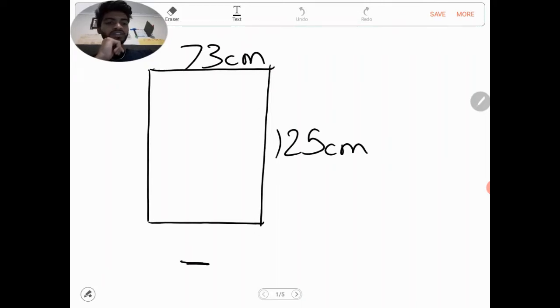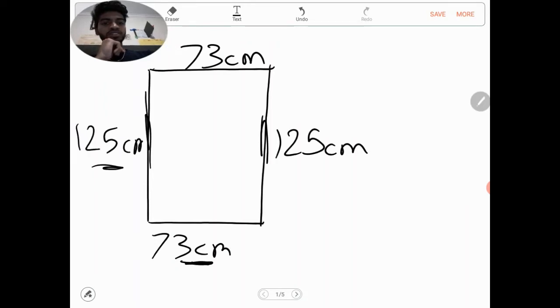Now, if you'll notice, I've left the length of this and this side, so these two sides, blank. I don't really need to write it in because I know that the top and the bottom are the same length on a rectangle, and the two sides over here are also the same length. So if that's 73, down here is also 73, and on the side over here is also 125 centimeters.